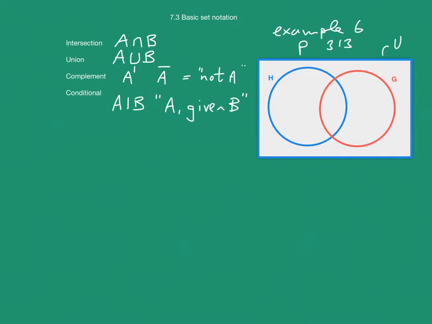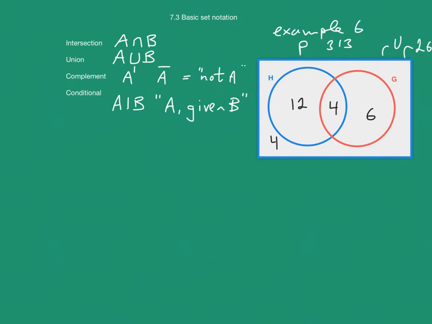We have a class of 26 students, and they study history and geography. And the numbers that we want: 4 students study neither subject. We have 4 students who study both, and we have 12 students who study only history, and we have 6 students who study only geography.